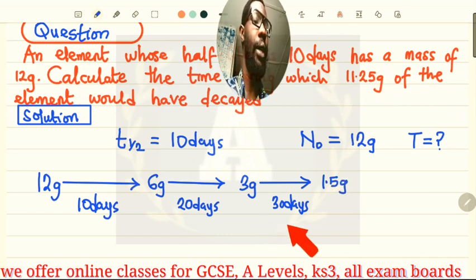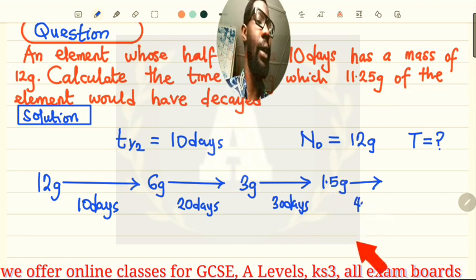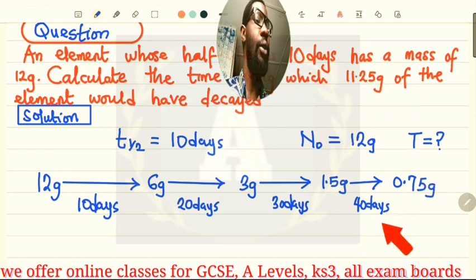Then after 40 days, we add the half-life, which is 10, to this. So 1.5 will also reduce to half, and that is after 40 days. So we are going to have 0.75 gram left.